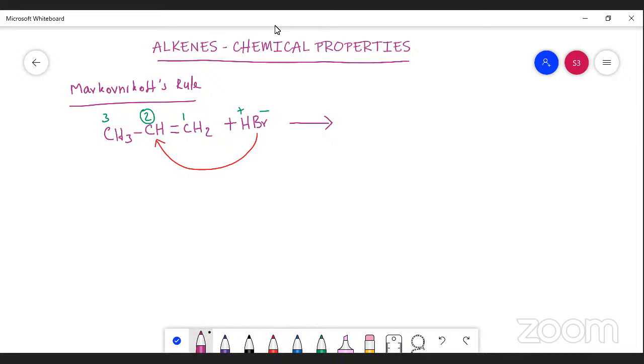So we are getting a major product. What is the major product? It is CH3-CH(Br)-CH3, because the hydrogen is going to attack the other carbon. So this is the Markovnikov rule.